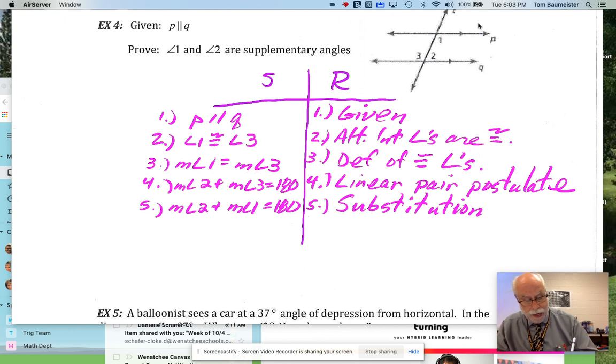All right, and now notice that we have the measure of angle 1 and the measure of angle 2 are equal to 180. So if they are equal to 180, we know that they are supplementary. So we can now say that angle 1 and angle 2 are supplementary.